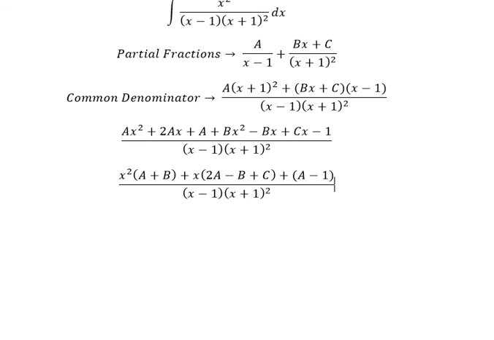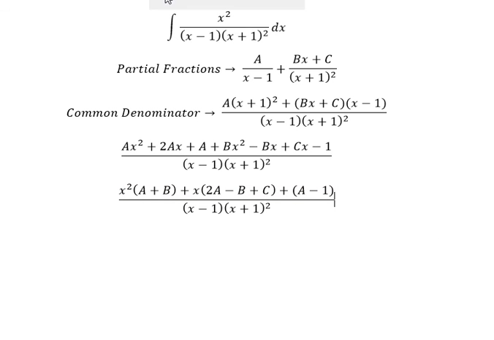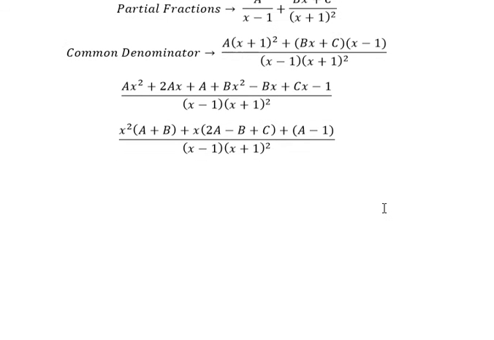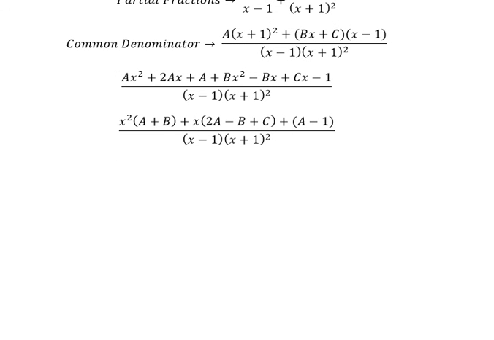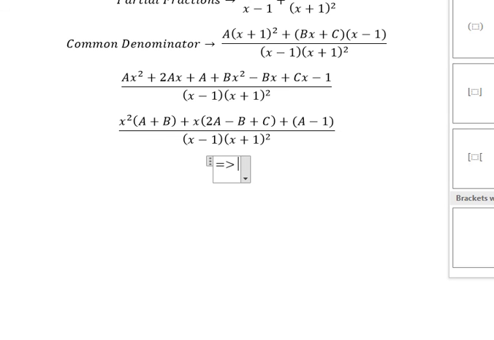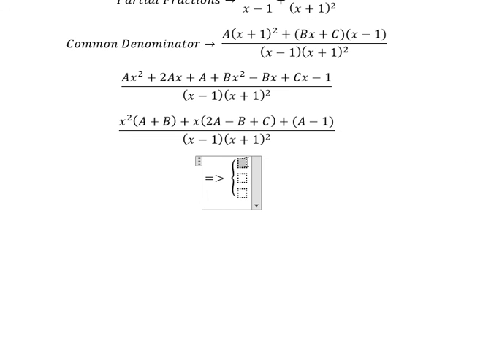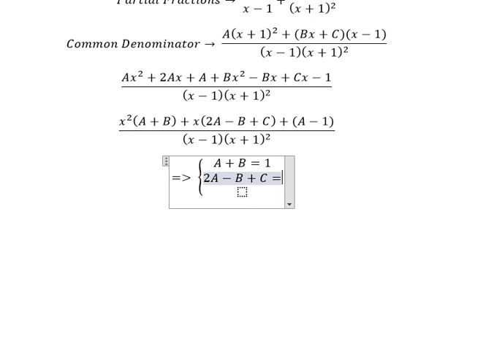So let's compare the coefficient of this equation. You can see that you got x squared in here, so A plus b should be number 1. 2A minus b plus c equal to 0.